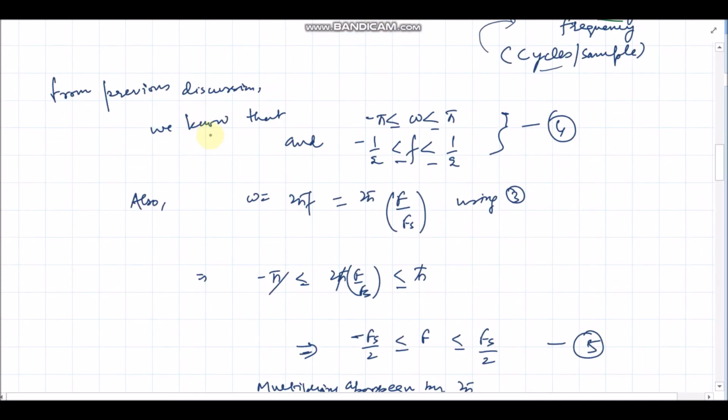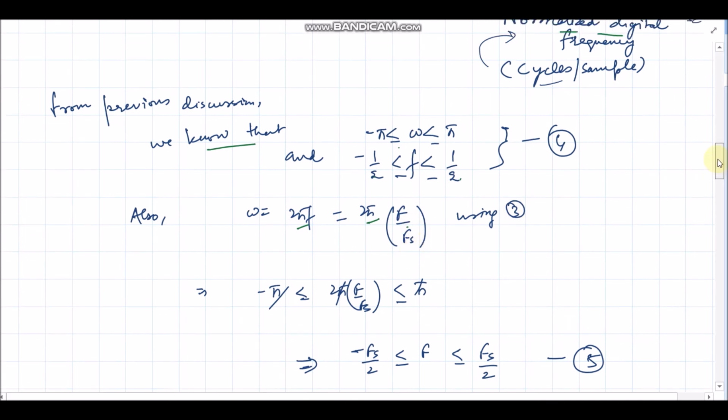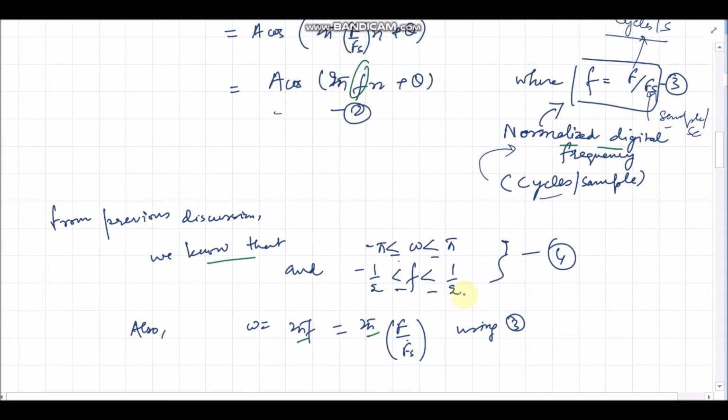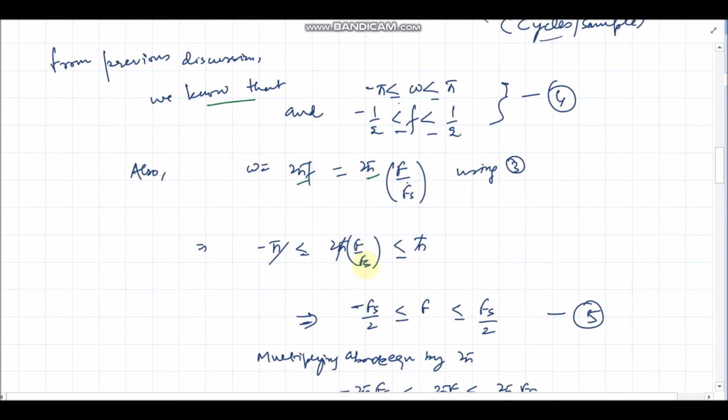From previous discussion, we already know the digital frequency omega ranges from minus pi to pi, and this frequency f ranges from minus half to half. Also, omega is equal to 2 pi f, which is 2 pi F by fs using the above relation, which implies that 2 pi F by fs ranges between minus pi to pi. Solving, we get the range of analog frequency.